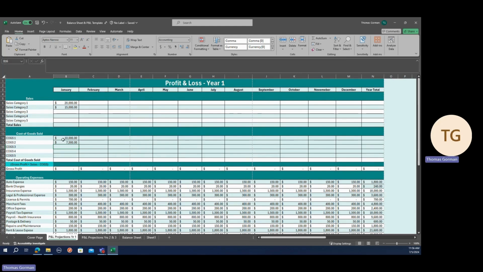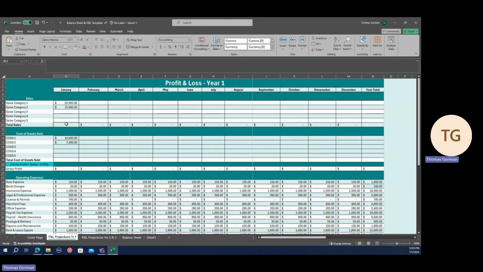We purchased $10,000 worth of product one. We mark that up 100%. We make $20,000 out of product one. So then the next thing I want to show you guys how to do, and many of you may already know this, but these are just small skills that come in handy in Excel.